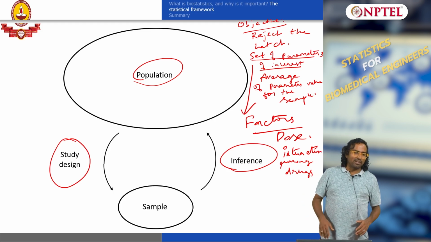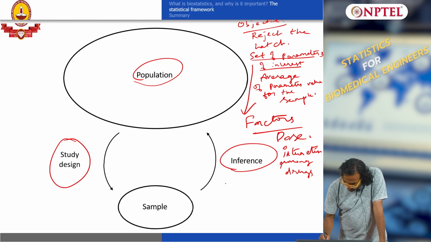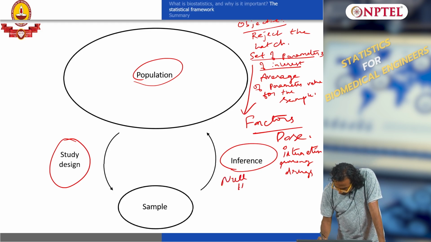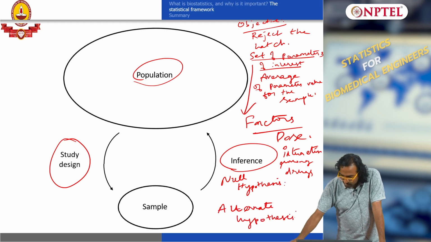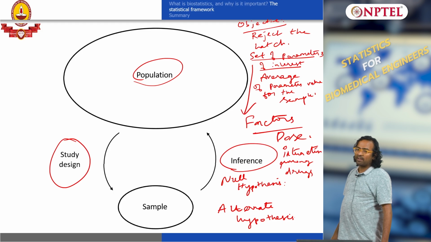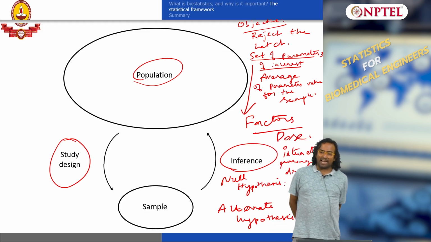Then how do I start inferencing? So then we have what is known as a null hypothesis and an alternate hypothesis, okay. So that is where things are. Null hypothesis is something like a status quo.